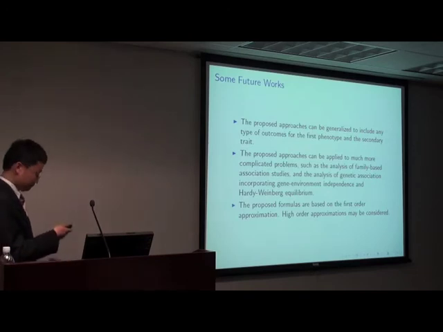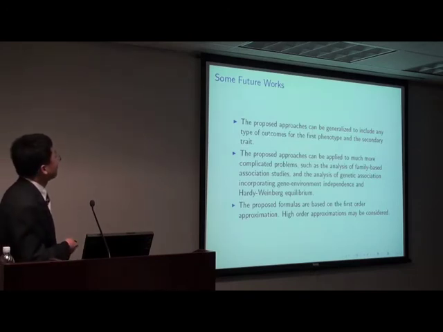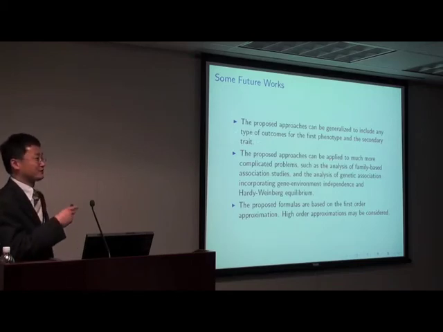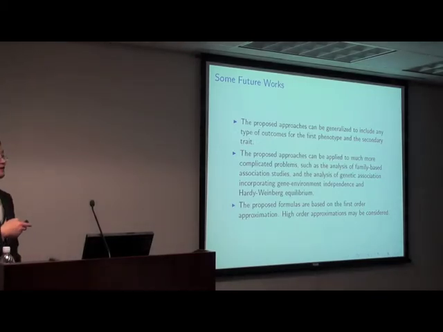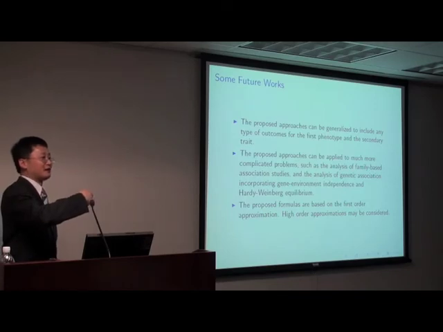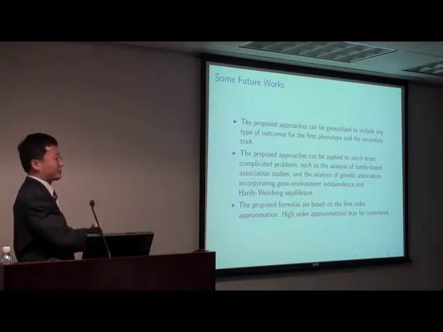I use this correction approach for logistic regression in this particular example, but actually it is very general. It can be applied to all kinds of outcomes. Here, I show you just binary outcomes. It's okay if you have a quantitative outcome; the correction result is the same.